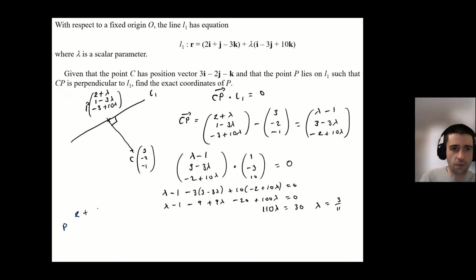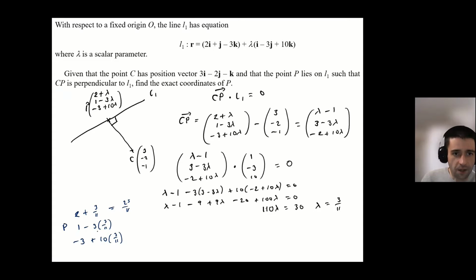So I've got 2 plus 3 over 11, then 1 minus 3 lots of 3 over 11, and then for my k, negative 3 plus 10 lots of 3 over 11. Right, 2 plus 3 over 11 comes out as 25 over 11.